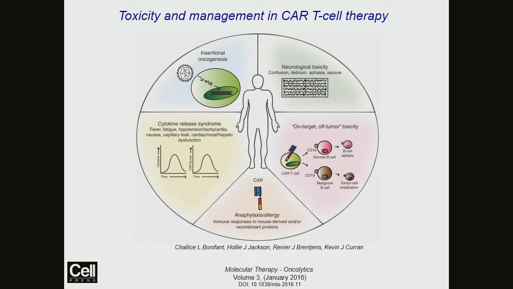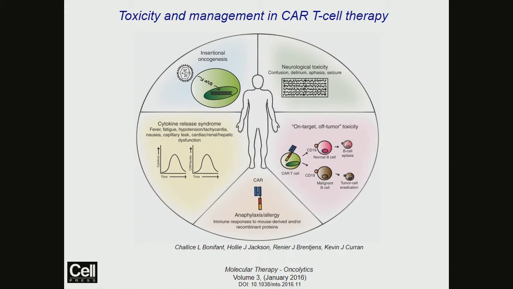One important aspect is the safety, and indeed we've heard about potential neurological toxicity, the cytokine release syndrome, risk of allergy. So while we increase the potency, we also have to keep an eye on the safety, and now there are measures to overcome in part the risk of hyperactivating the immune system and the risk of unknown adverse events.